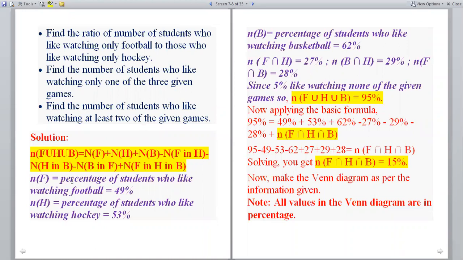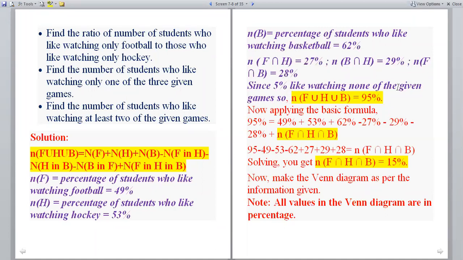So N of F is the percentage of students who like watching football, 49%. N of H, the percentage of students who like watching hockey, 53%. N of B, the percentage of students who like watching basketball. And N of F intersection H, 27%, this is 29%, 28%. All these things have been given in the question.